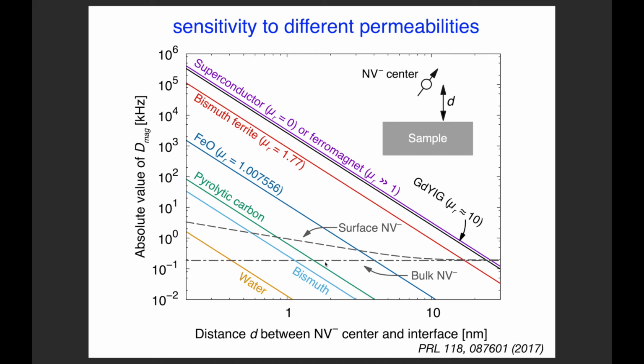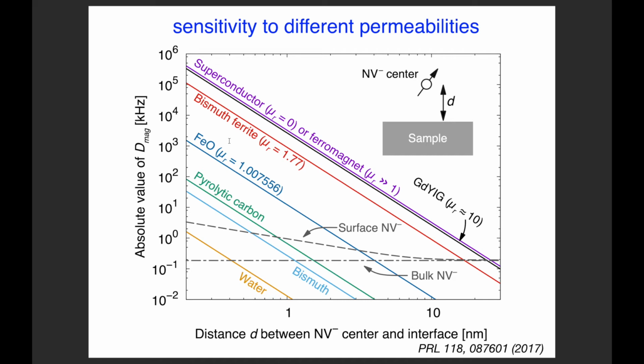We note that NVs near the surface have a shorter spin coherence time, which is the explanation for this different curve here, because the NV would have to be near the surface of diamond in order to be so close to the sample. But even with the surface NV, you can see a wide variety of materials that have non-unitary magnetic permeability that are detected.